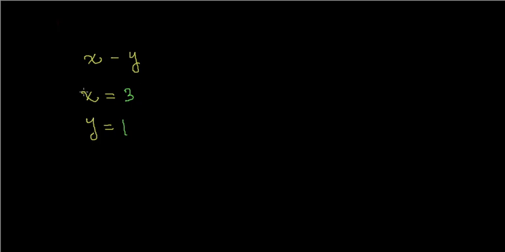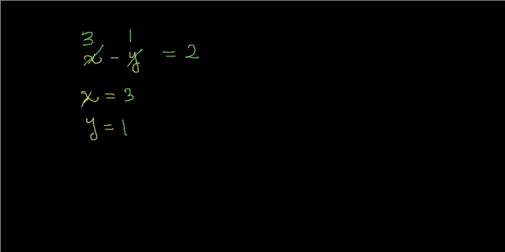So now it's basically saying that for every x in this expression, you need to replace it with a 3, and y is equal to 1. So 3 minus 1 is going to be equal to 2.